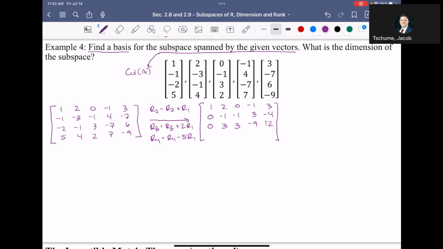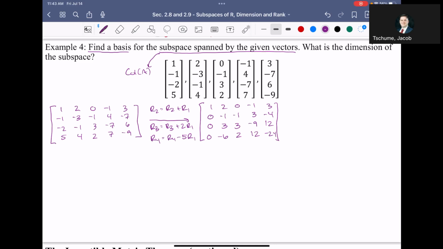Then row 4 is going to end up being -5 row 1, so that's 0, 4 minus 10 is -6, 2 minus 0 is 2, 7 plus 5 is 12, and then we get -9 minus 15, which is -24. All right, so that's where we're at so far.